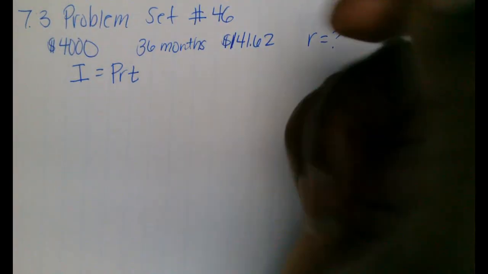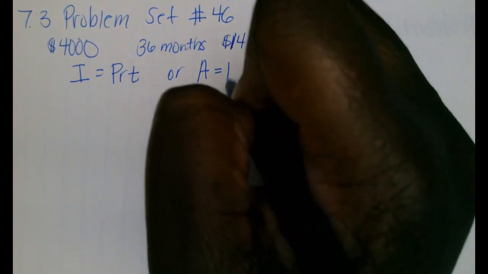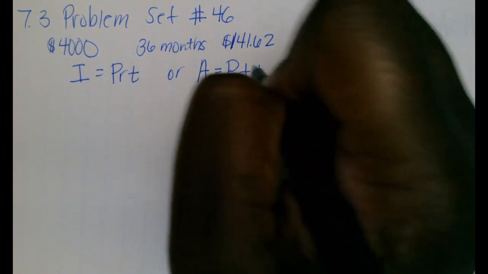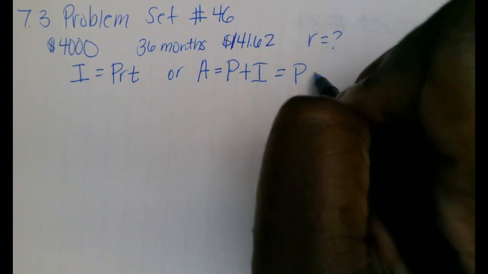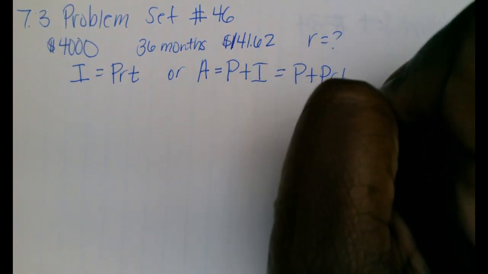So it said simple interest, and we can either use I equals PRT or A equals P plus I, which is P plus PRT.